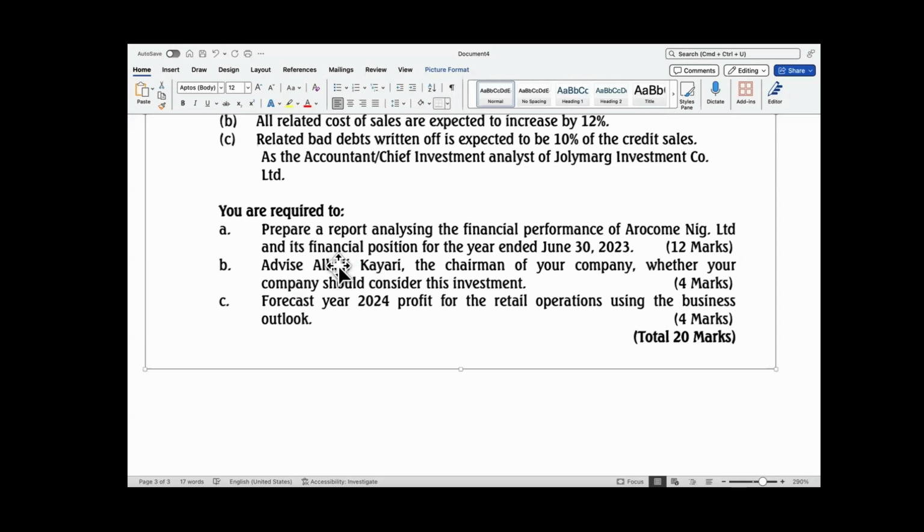The B part says, advise Alhaji Kyari, the chairman of your company, whether your company should consider these investments. C, we're asked to forecast year 2024 profit for the retail operations using the business outlook.